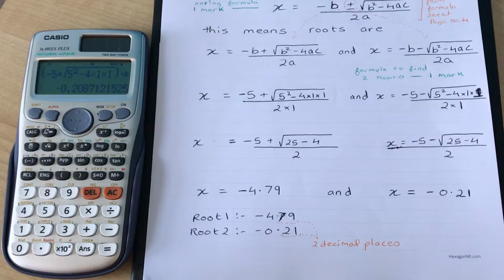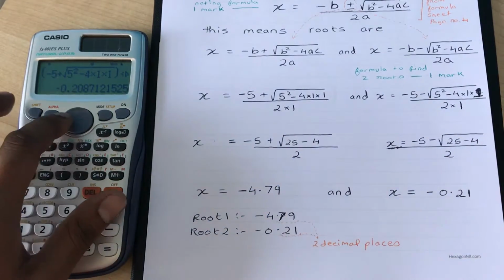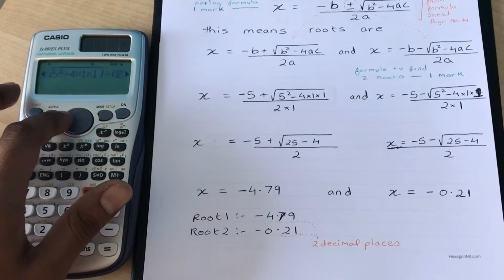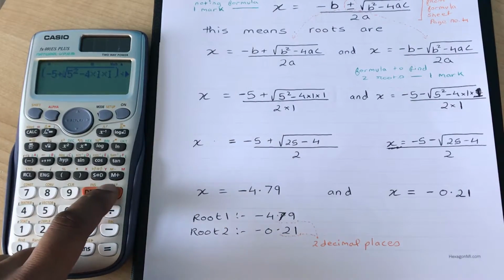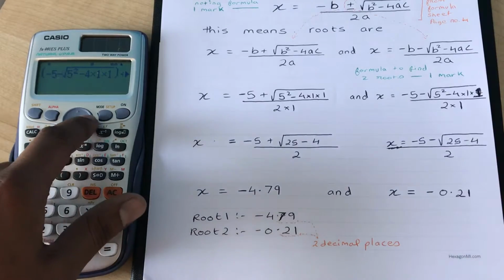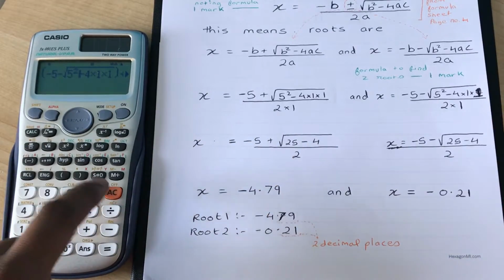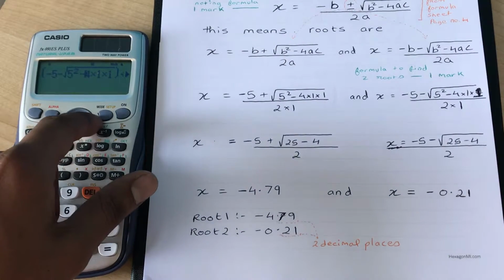Now here comes the good bit. In order to find the second root, all I need to do is change the sign here from plus to minus. Be careful when you're typing, don't press the AC button, it is going to clear the entire equation. So just remember to press the delete button.